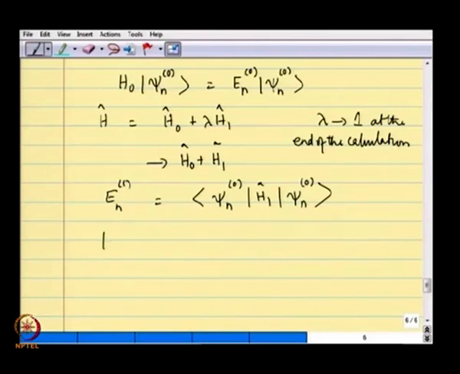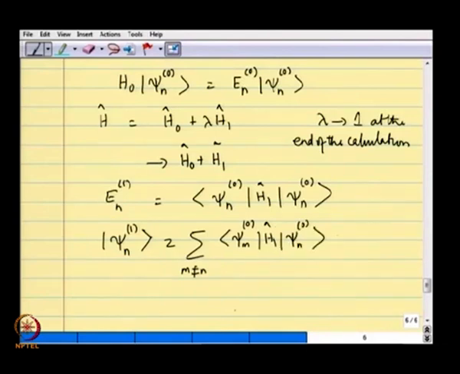The first order correction to the wave function, psi n 1, that we wrote was the sum over m not equal to n of psi m 0, H1, psi n 0, times the ket psi m 0, divided by the energies E n 0 minus E m 0.